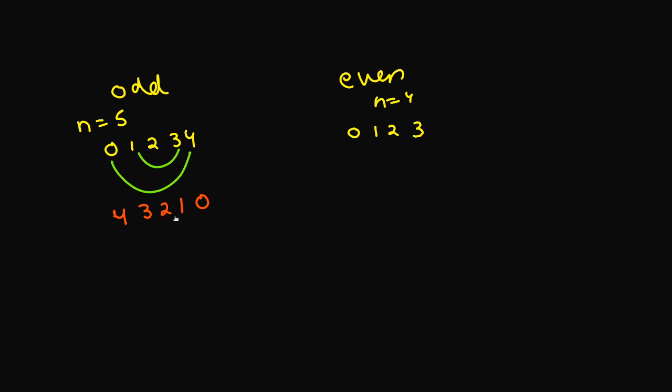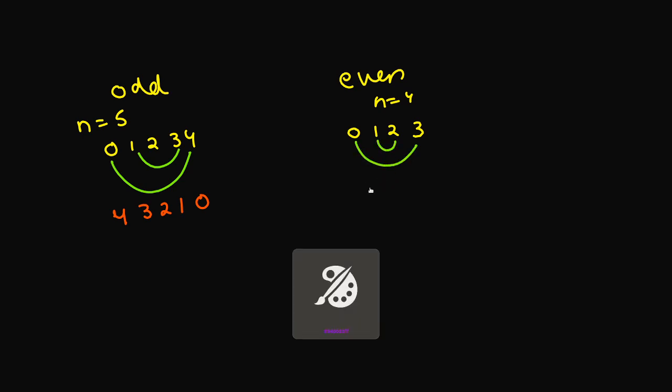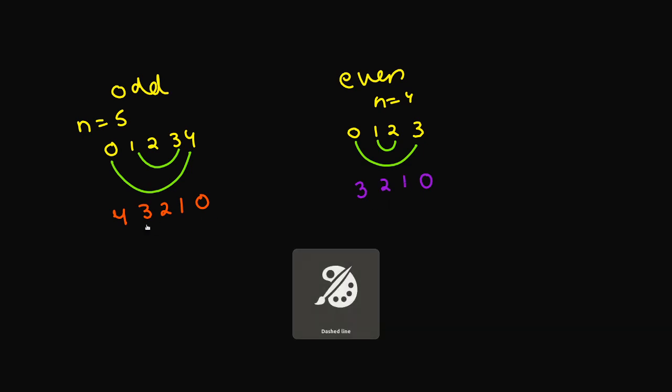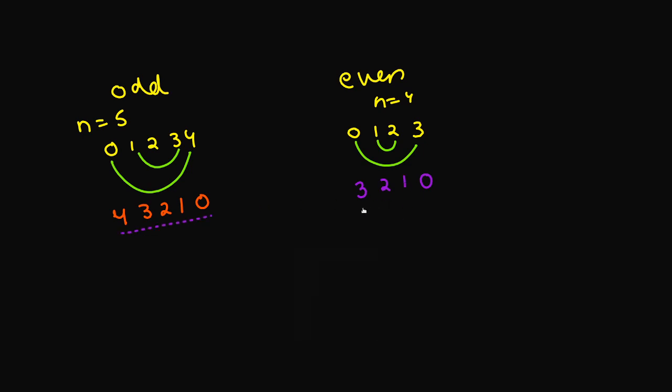So this is 4 3 2 1 0, which is the reversed version of 0 1 2 3 4. In the other case, 0 gets swapped with 3 and 1 gets swapped with 2, and what you obtain is 3 2 1 0. This is the answer that you obtain for 0 1 2 3 4 and 0 1 2 3.